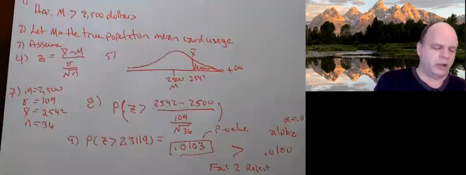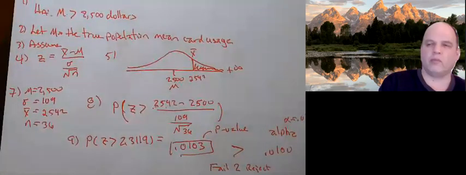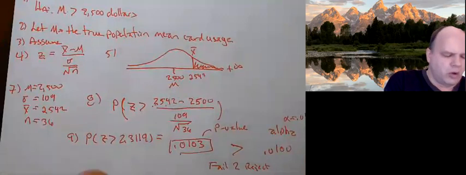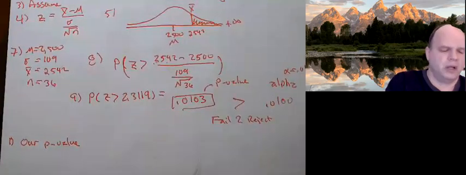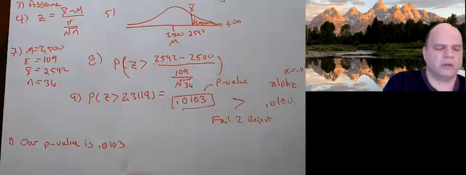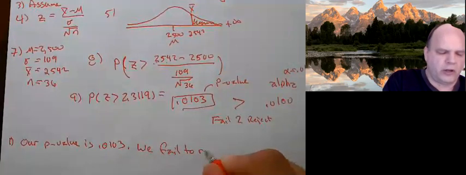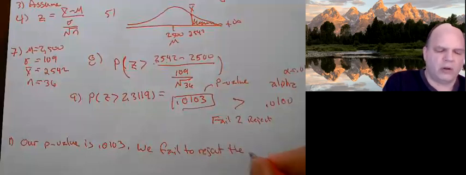All right, so our conclusion. Our p-value is 0.0103. We fail to reject the null.